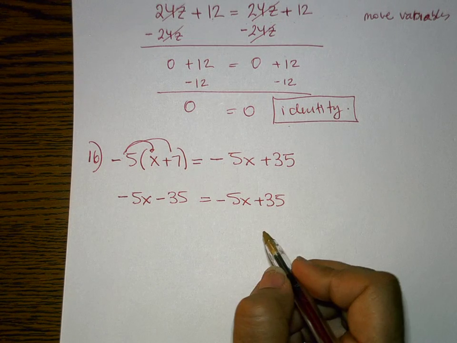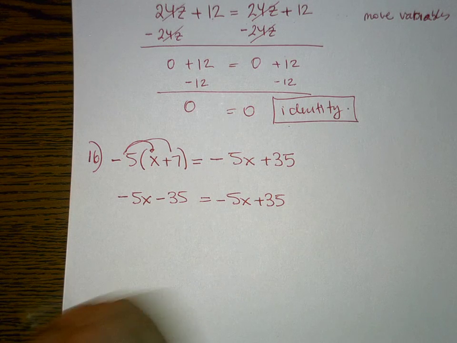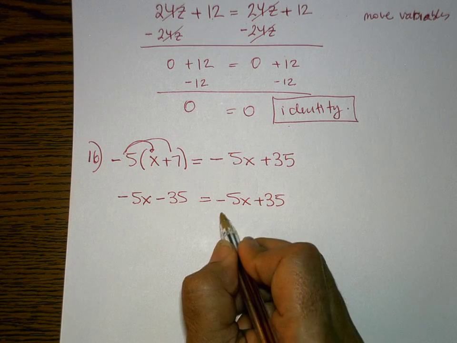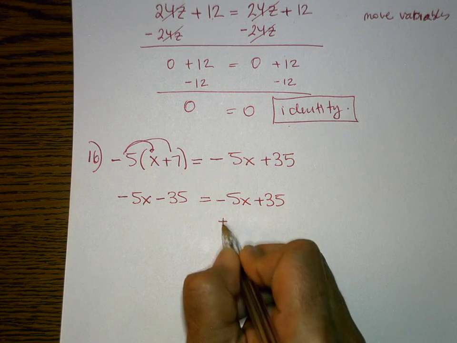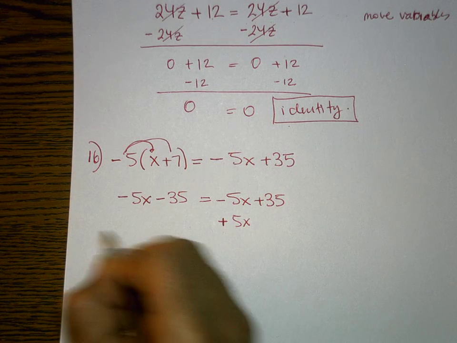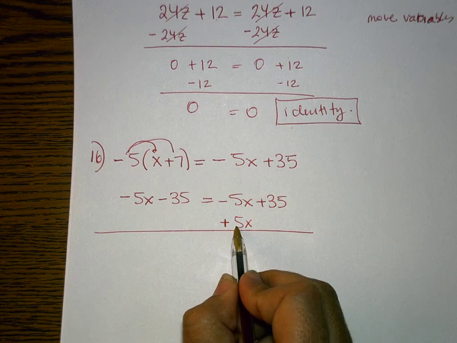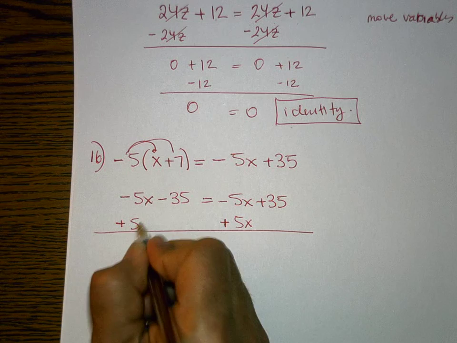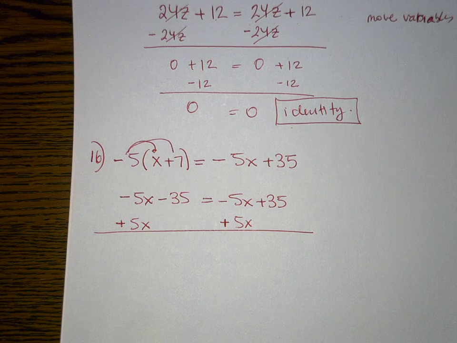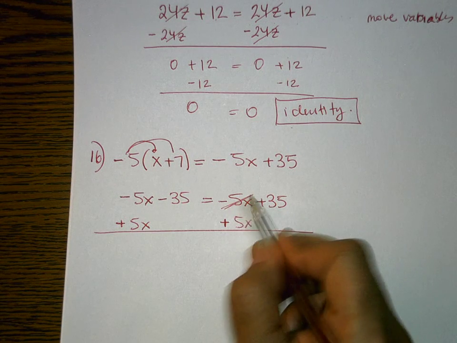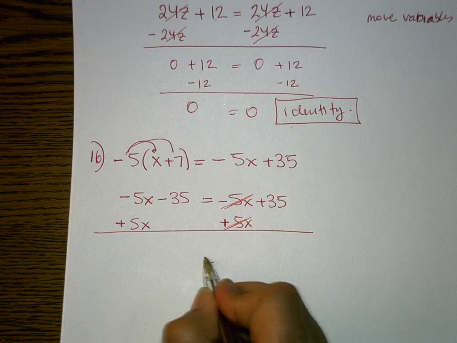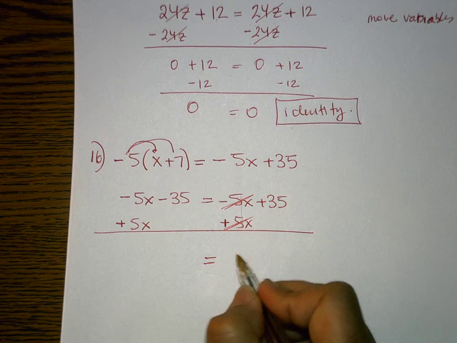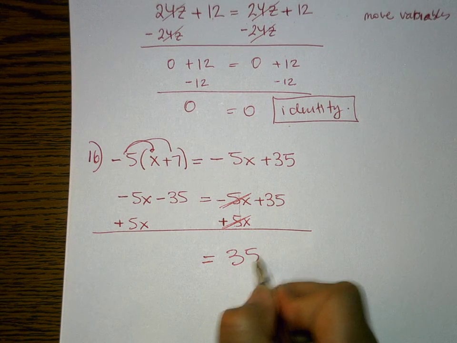So let's keep going. I'm supposed to move the variables to one side, so let's do the opposite of negative 5x and add 5x. If I add 5x here, I better add 5x to this side. A negative 5x with a positive 5x is 0, plus 35, which is just 35.